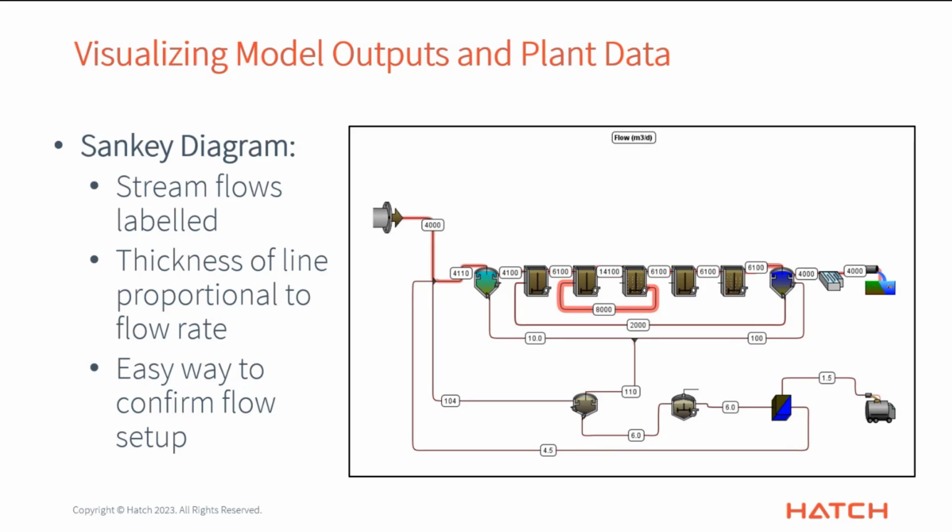So here I'm plotting the flow, and the thickness of the line is proportional to the value. In this case, this is flow in meters cubed per day. You can see here that this is 4,000 coming in, and then we get a 2Q recycle here. You can see this line is twice as thick as that line. That helps you to really visualize how things are put together in your model.